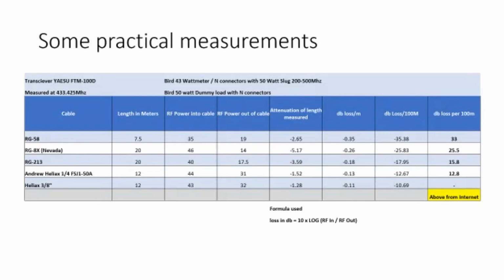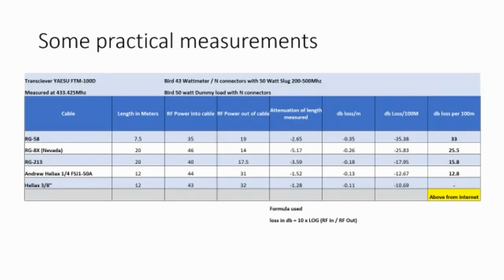The Andrews Heliax I measured this evening, again, just to make sure. 44 watts in, 31 watts out. For that length of cable, which is approximately 12 meters, I've got about 1.5 dB of loss.